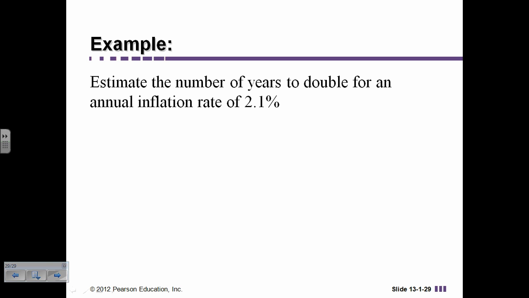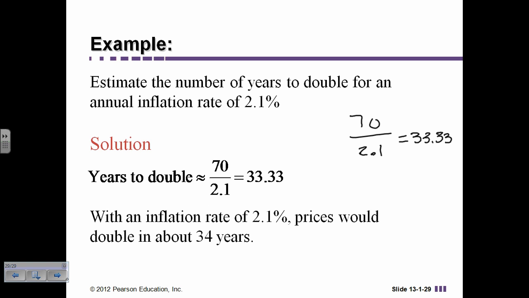So we're going to take the 70 and we're going to divide it by 2.1%. Notice that we're not moving our decimal place over. And when we do that, we get 33.33. So that's telling us that it's going to take approximately 34 years for the item to double.